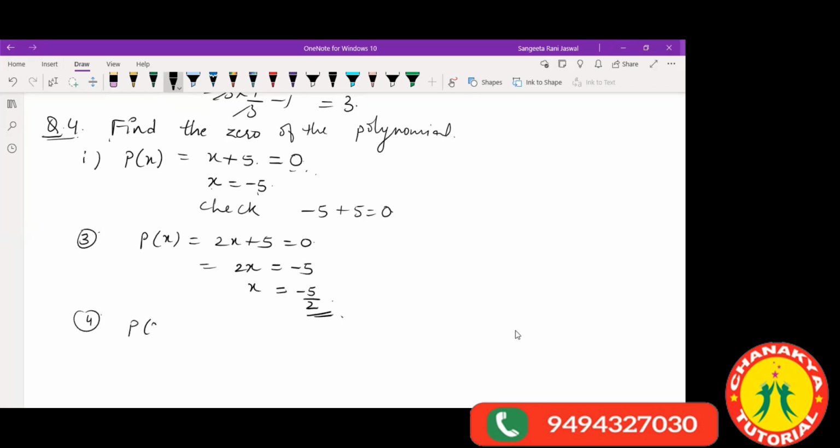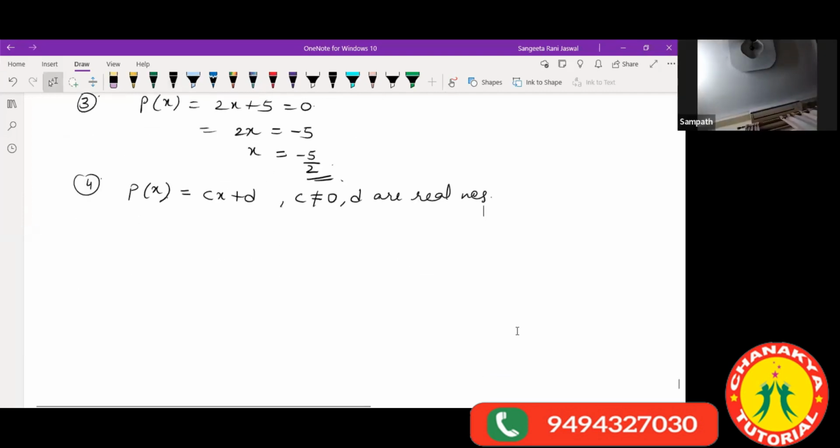Now you do this. If I have a polynomial equation P of x equals Cx plus D, where C is some number which is not equal to 0, and C and D are real numbers, find what will be the value of x.